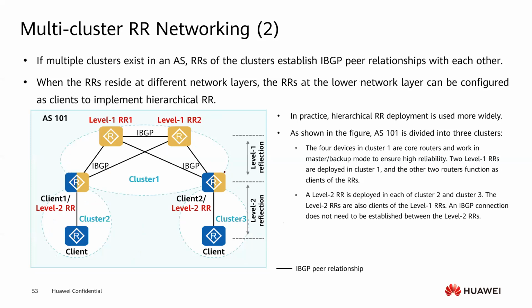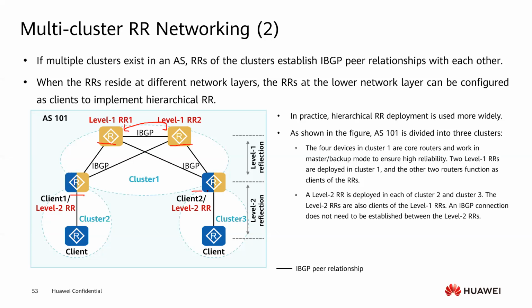And the second scenario is the hierarchical RR. That means you separate the network into different clusters, and the first cluster is the level 1 reflection. These two devices are the level 1 RR, and they just work as the backup.